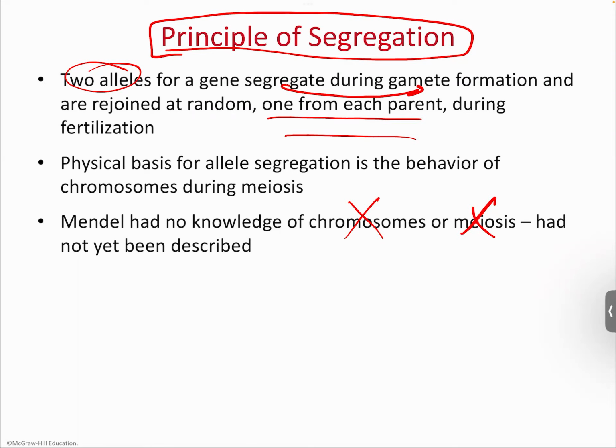Which is one of the reasons why coming up with the law of segregation was an enormous act of intelligence on Mendel's part. To make that connection as significantly as he did is a big deal. It seems like a yada moment to us because we've got the hindsight in our favor.